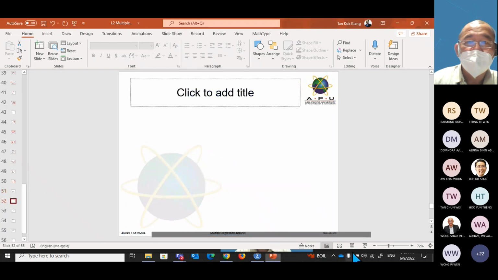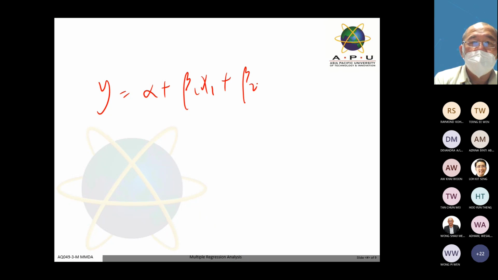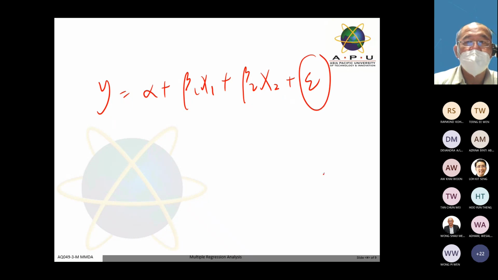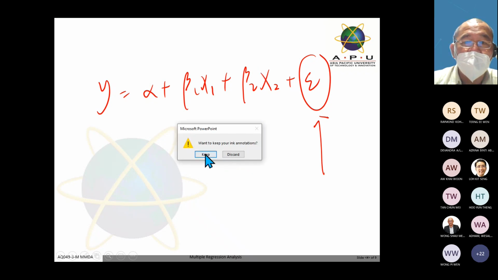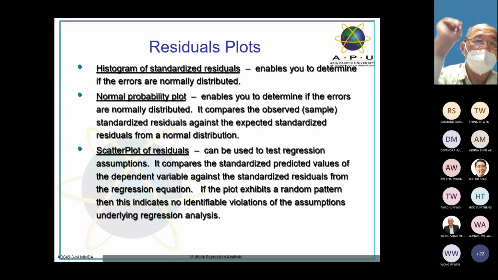This is the particular linear regression model, and error and residual also refer to the same thing. It depends on the textbook.